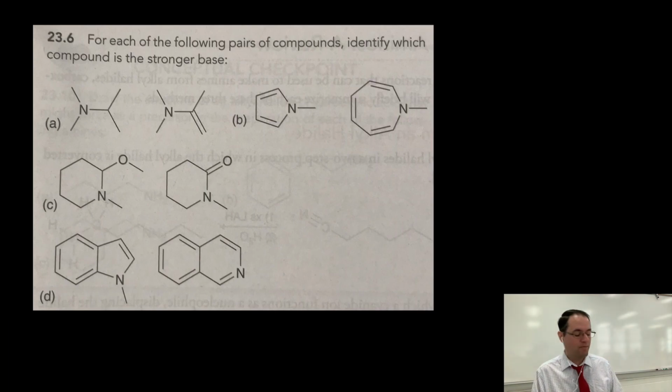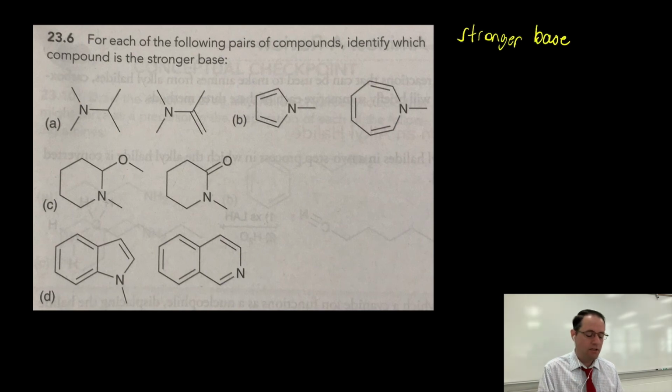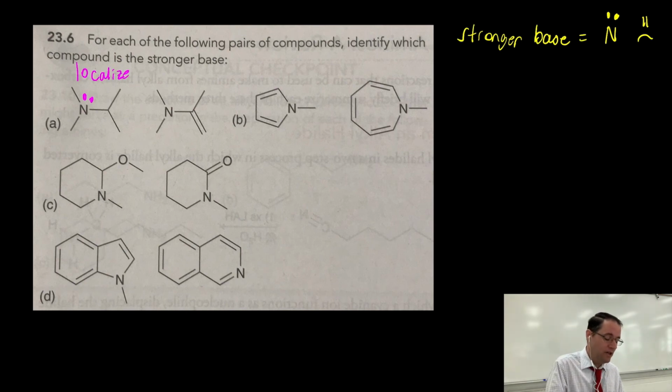In this problem, we're asked to figure out which of the two compounds is the stronger base. A stronger base is going to have an unhappy lone pair on nitrogen. Let me look at that and you'll see what I mean. This lone pair is localized, it's high energy.